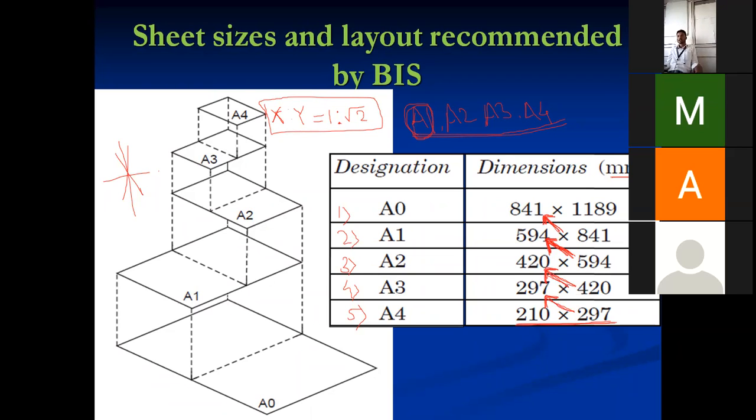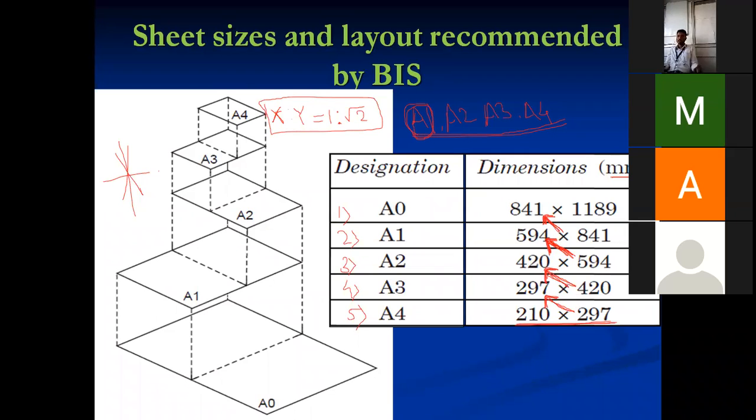Then how will you get the A3 sheet size from A4? Which dimension do you have to take as it is? 297. Okay. Then how will you calculate the next dimension? Multiply by root 2. Similarly, you will get 420.